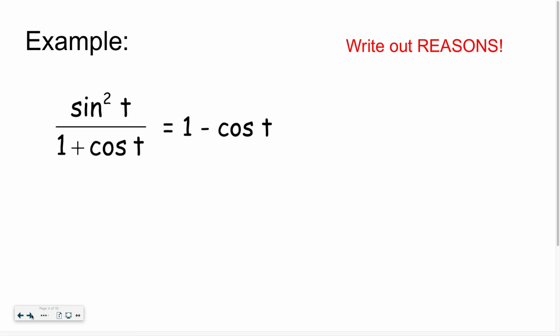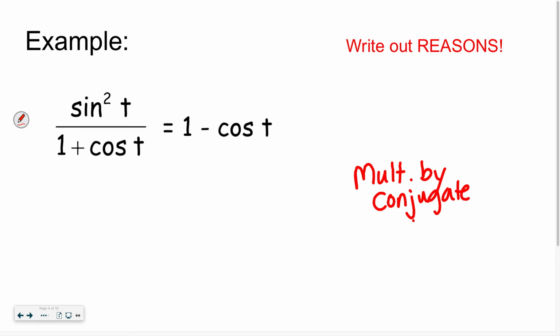And that's where the tool of multiplying by the conjugate comes in handy. What's the conjugate of 1 plus cosine? 1 minus cosine. So let's do it. We're going to multiply by the conjugate. And this is the conjugate of the denominator, specifically.